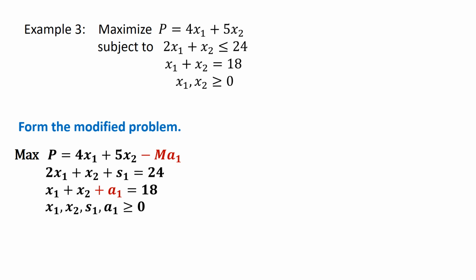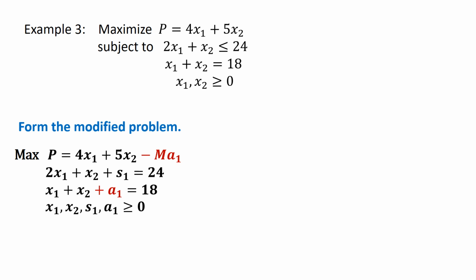And because I added an artificial variable, I have to subtract m times that artificial variable from the objective. So my new objective function for the modified problem is p equals 4x1 plus 5x2 minus ma1. And x1, x2, s1, and a1 are non-negative.